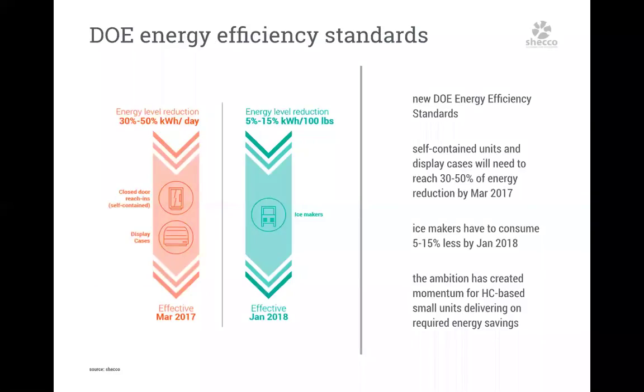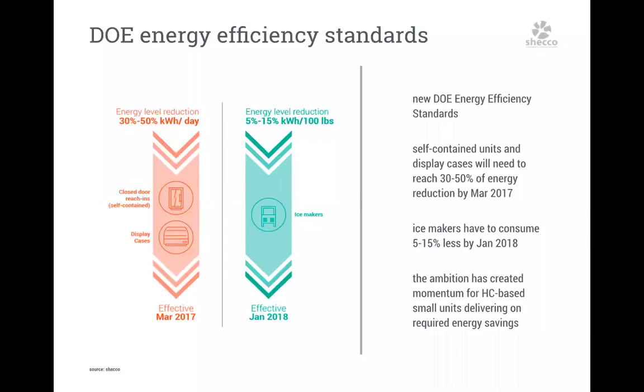And last but not least, for the policy effects, here are the Department of Energy Conservation Standards. They apply to self-contained units and display cases on one side and to ice makers on the other side. The energy conservation standards set are quite ambitious. We are talking about 30 to 50% energy reduction by March 2017.